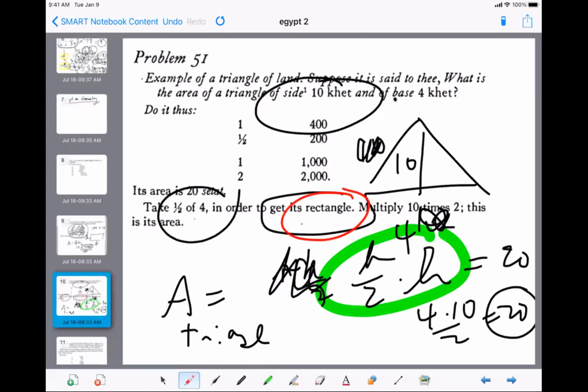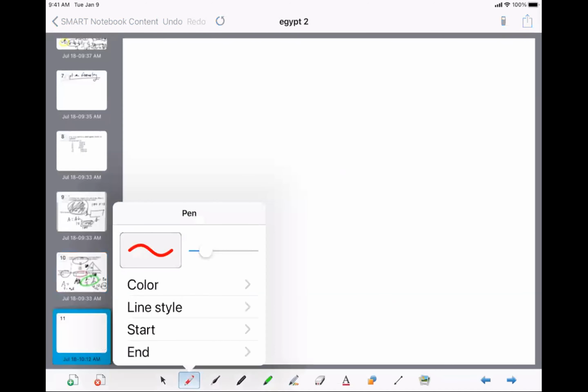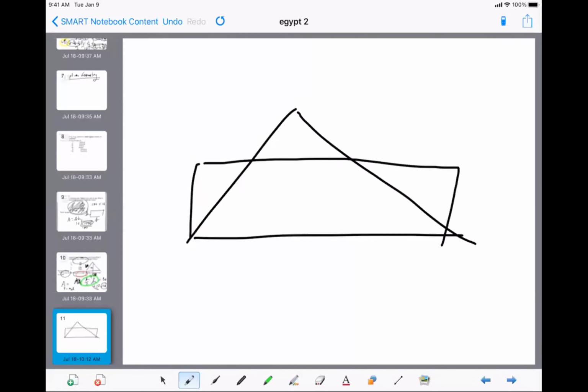Because when I look at this, they're kind of saying that if I have this triangle, there's a rectangle that has half the height of that triangle.